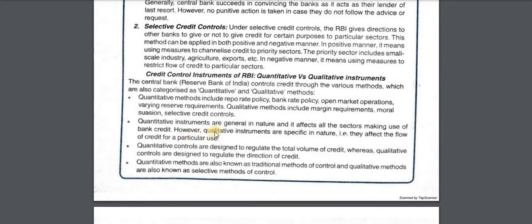The quantitative instruments are general in nature and affect all the sectors. However, the qualitative instruments are specific in nature, that is, they affect the flow of credit for a particular use. The quantitative controls are designed to regulate the total volume of credit, whereas the qualitative controls are designed to regulate the direction of credit. The quantitative methods are also known as the traditional methods of control, and the qualitative methods are also known as selective methods of control.